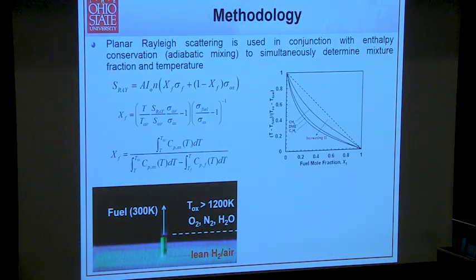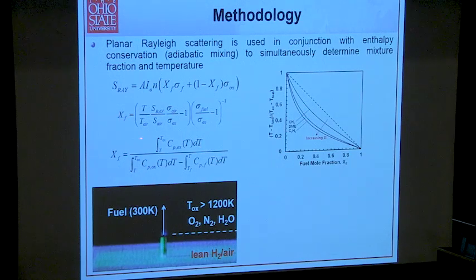Again, this is the methodology of how we use Rayleigh scattering to get both temperature and the mixing characteristics. Remember, we did this in lecture 11, where we said that if we have a binary or two-stream problem, which this is before ignition, we can write our equation this way, which allows us to solve for the fuel mole fraction.